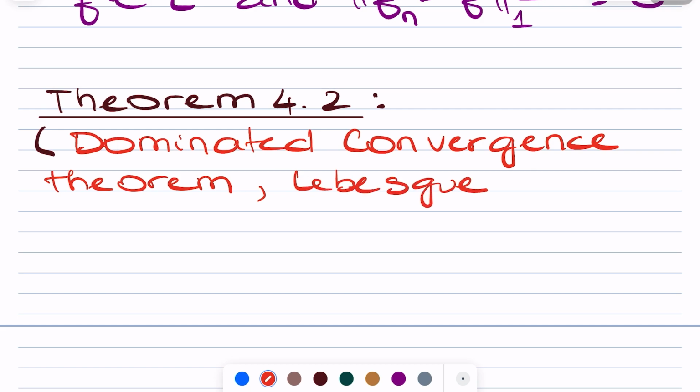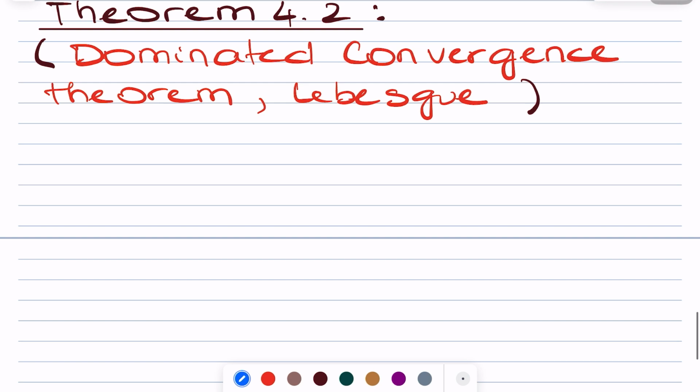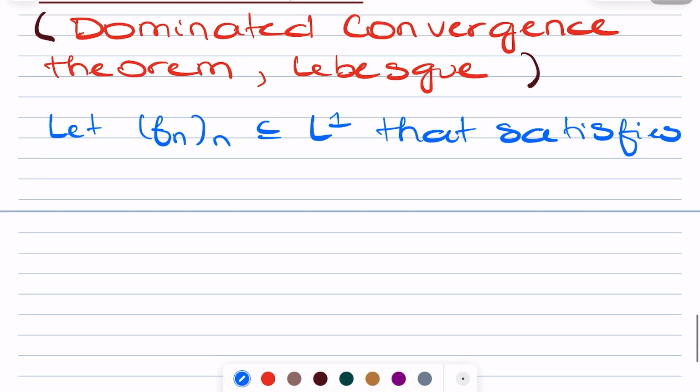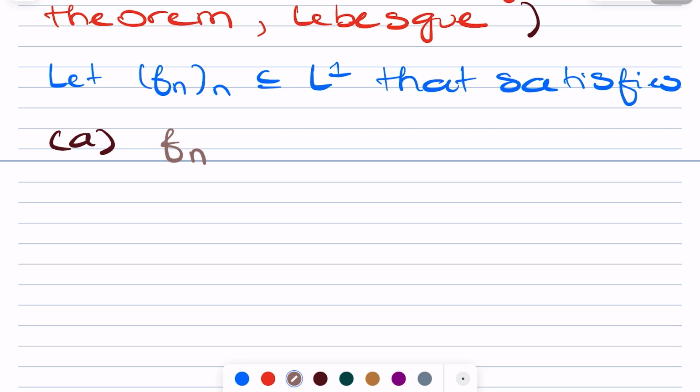Okay, so again you have a sequence of L1 functions. Let Fn be a sequence of functions in L1 that satisfy number A: you have pointwise convergence up to a null set, so Fn converges to f almost everywhere on omega.